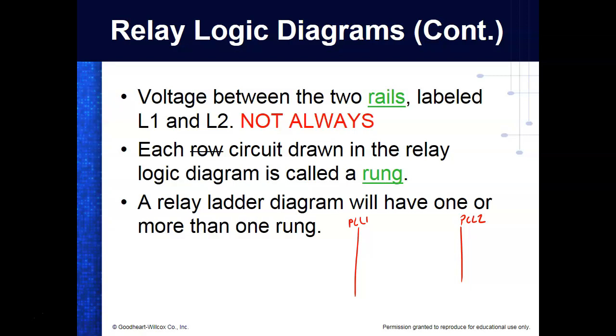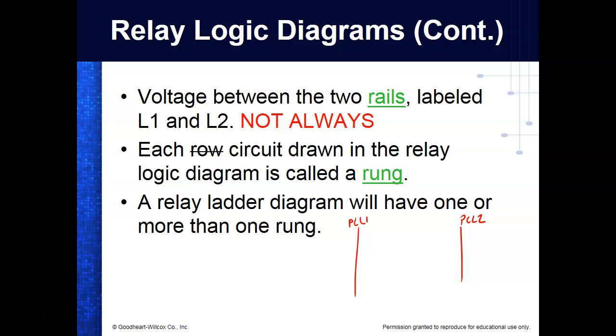This gets really confusing when you take motor controls, so we correct that because our 3-phase power is labeled L1, L2, and L3, and then if we want to label our control power L1 and L2, students get confused. So when I teach the class, I call them CL1 and CL2.